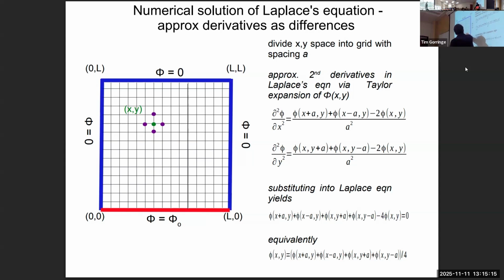So here's my grid, and I'm going to apply Laplace's equation in this discretized space rather than Laplace's equation in continuous space. So I'm basically going to turn the differential equation, Laplace's differential equation, into a difference equation, a Laplace difference equation.